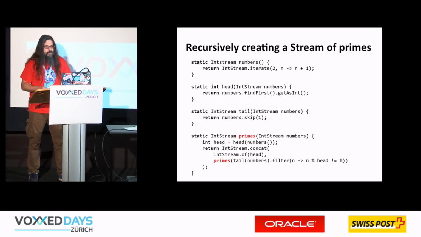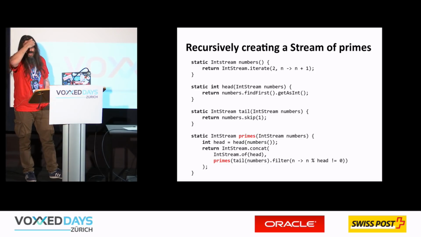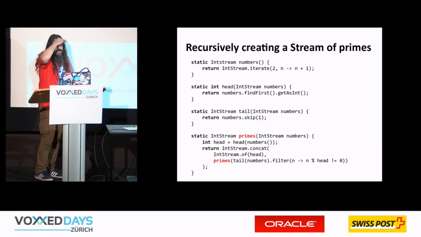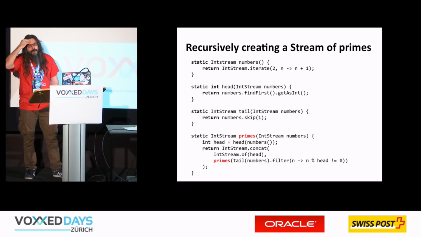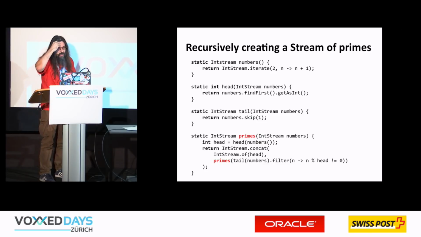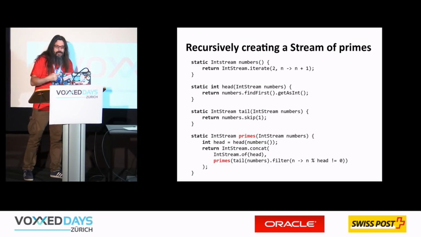So how could I do this? I tried to write this in Java, and yes, it looks cool. In pseudocode, it makes sense, but of course, this doesn't work, okay? Why doesn't this work? What I'm doing here is recursively calling primes, okay?